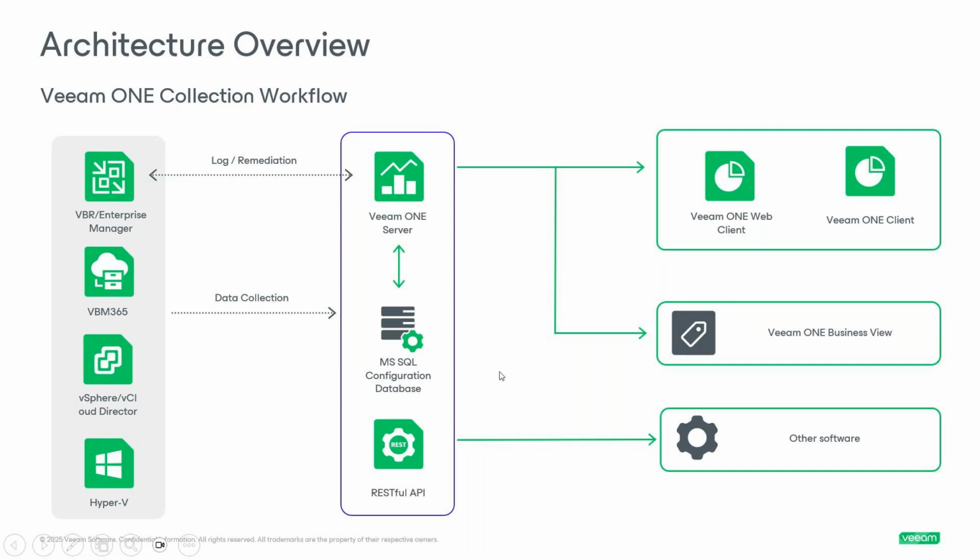And you can also leverage our RESTful API to integrate with products such as ServiceNow, or some type of third-party app that can generate additional reports, like Power BI or a bunch of third-party analytics tools. So you can use the API to integrate with more tools.